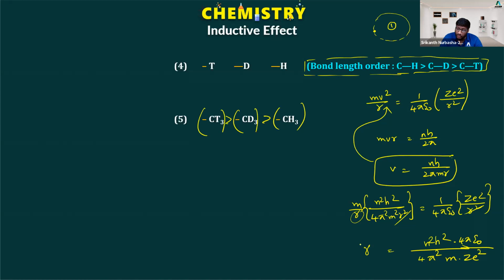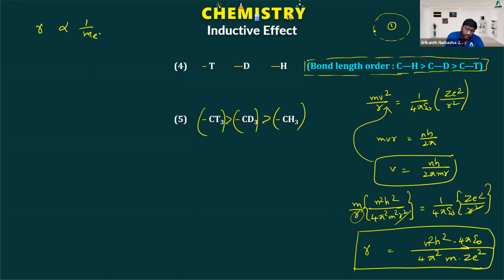So the radius of the orbit in which the electron is revolving is inversely proportional to the mass of the electron. These are again useful only for single electron species.